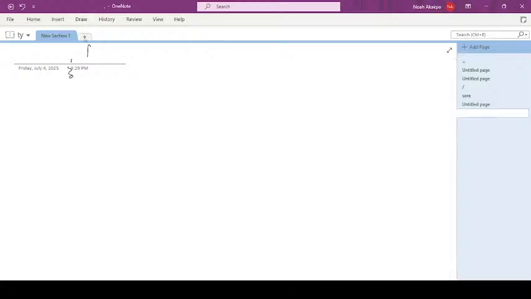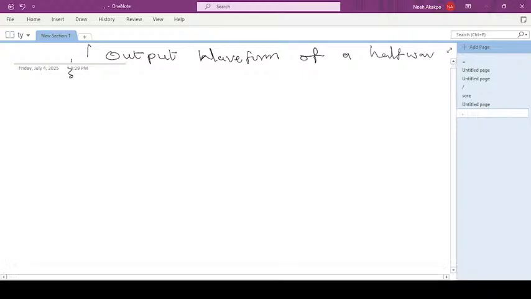So this is the output waveform of a half-wave rectifier.